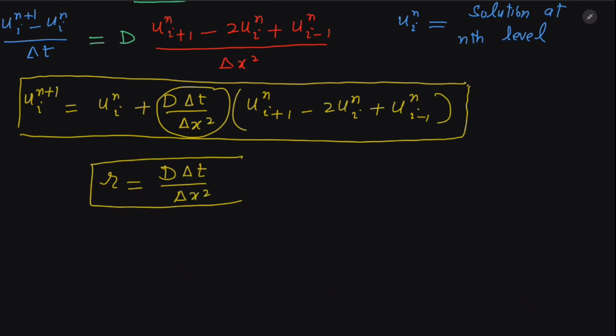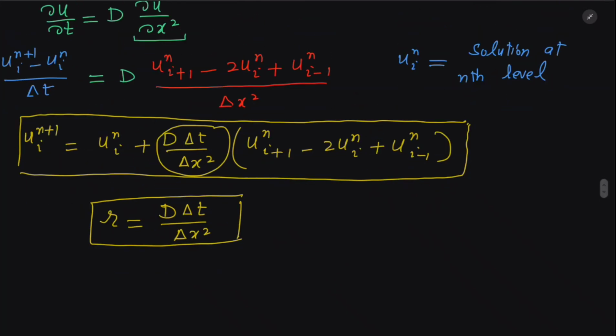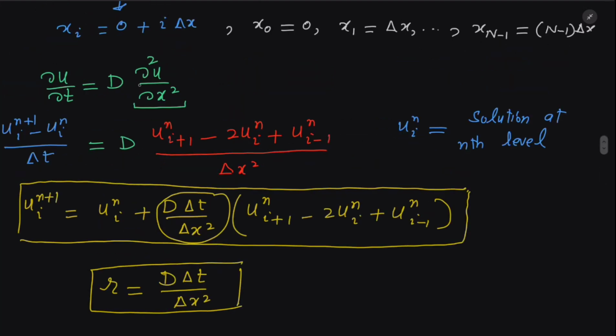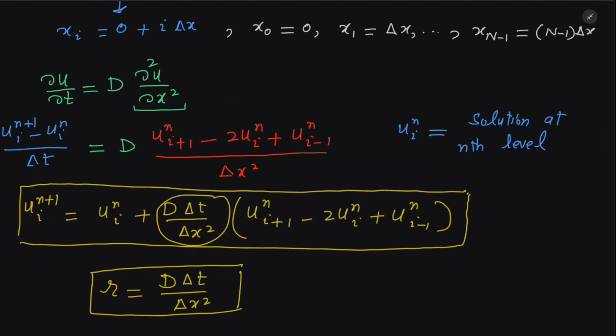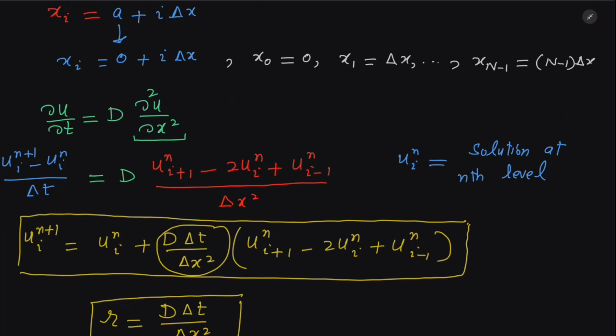This is called the von Neumann number. So this is the discretization scheme for the diffusion problem. In the next video, I will not solve, but give you a glimpse of applying the finite volume method on the diffusion problem. Thank you for watching.